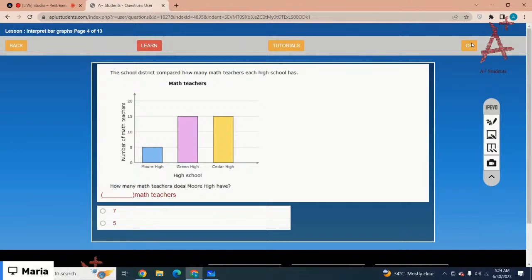Here is the More High School bar. Just match it to the y-axis. It would be 5. That means the number of math teachers they have is 5. The correct option is 5.